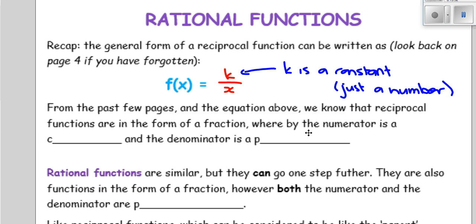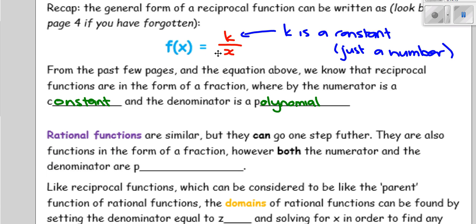It could be a quadratic, it could be a cubic. It doesn't have to be linear. So that's it: polynomial on the bottom, constant on the top.